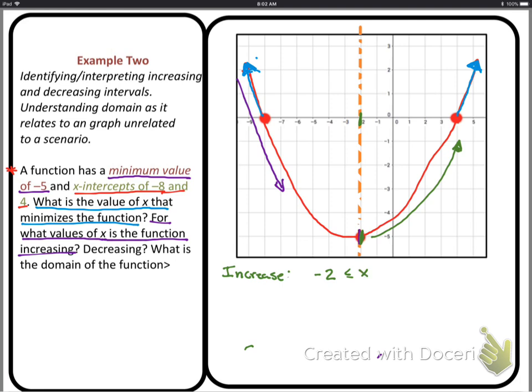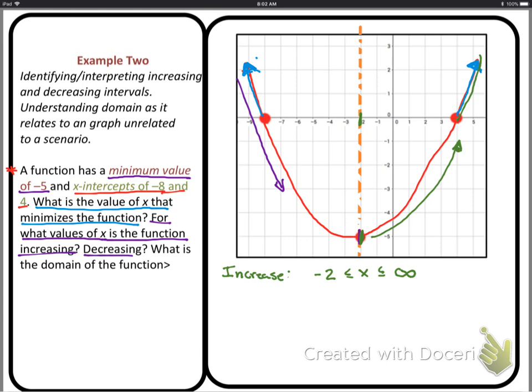So -2 is less than or equal to x, which is less than or equal to, remember this parabola is going to go on forever, so we state that it goes on to infinity. Parabolas are never ending unless we have some kind of context.